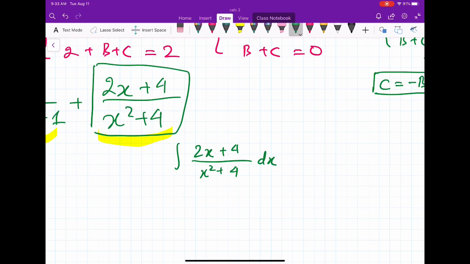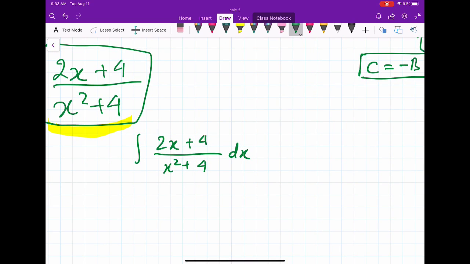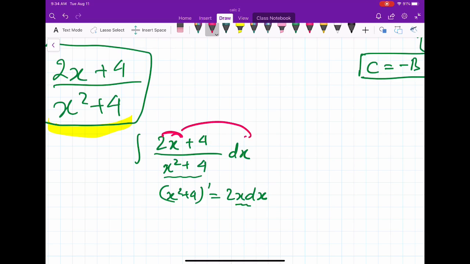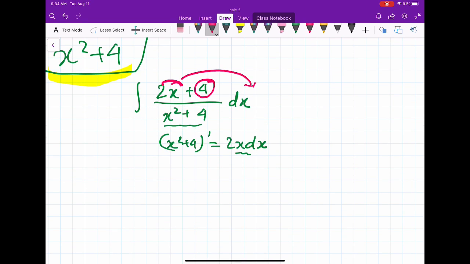And we have seen this when we studied trig substitutions. So if I differentiate x squared plus 4, I will get 2x dx. You see, on the top you have 2x and then dx. So here you still have a free coefficient. That means you need to break this into two functions, right?